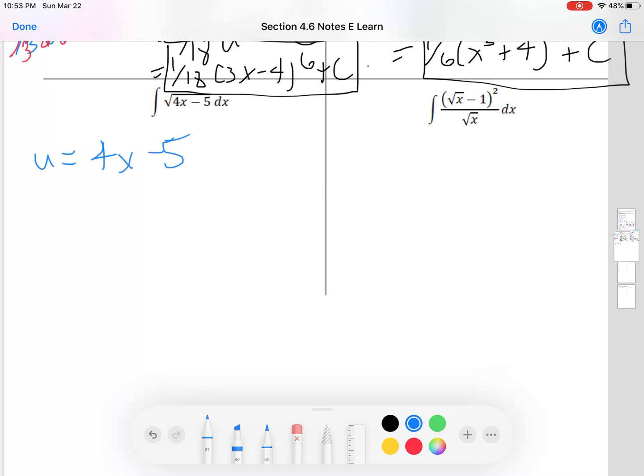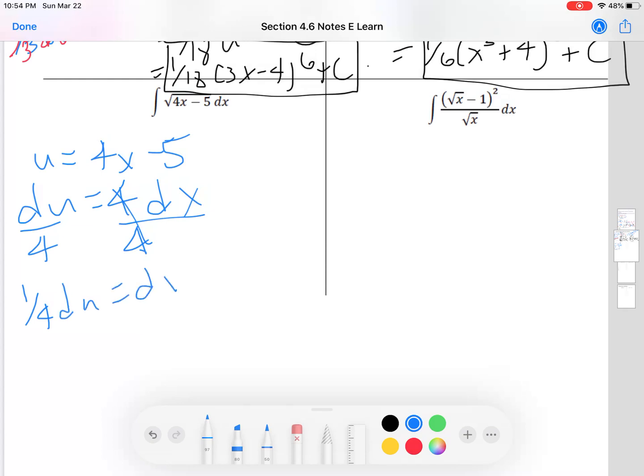You look at what's inside of the square root, because the square root is like a grouping symbol. Then we do the du, and that is just 4 dx. And if we want to get dx by itself, you just divide by 4. So I like to call this 1/4 du equals dx.